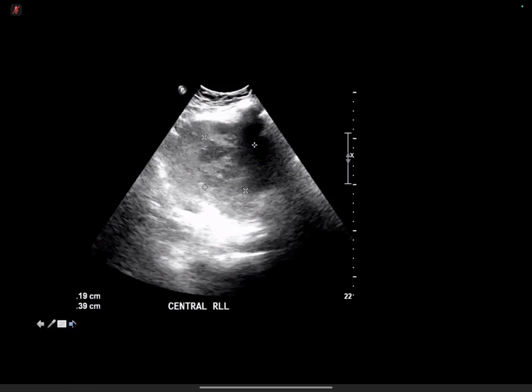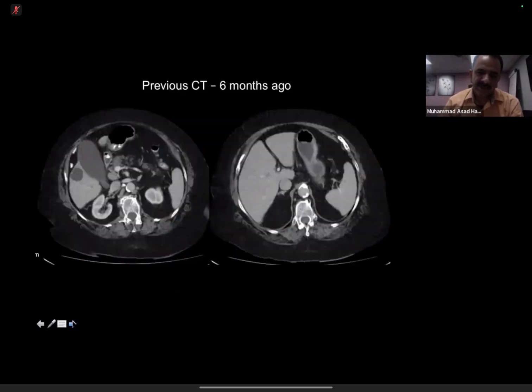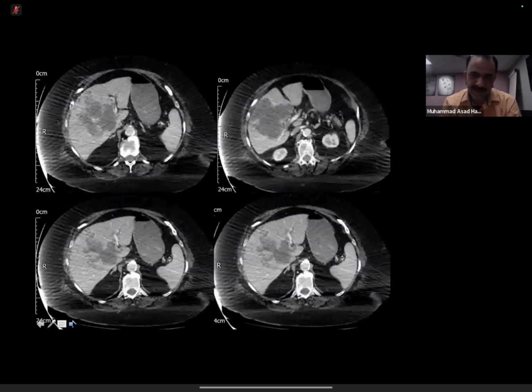Very good. It's a heterogeneous echo texture. You can see areas of low echogenicity. There is some posterior acoustic enhancement, so probably some fluid-like situation. But having said that, it is much different from the initial presentation, which looked diffusely hypo-attenuating on the CT.